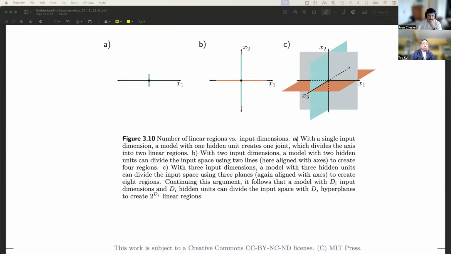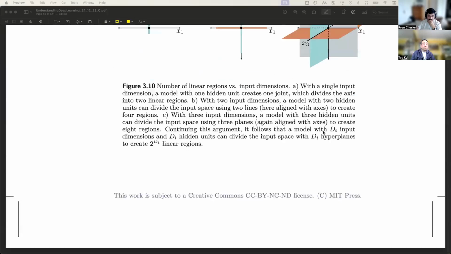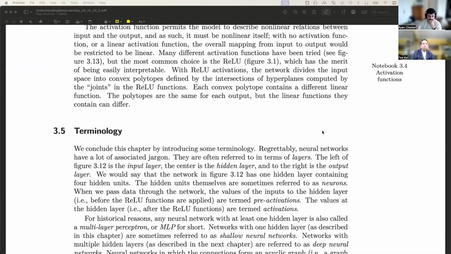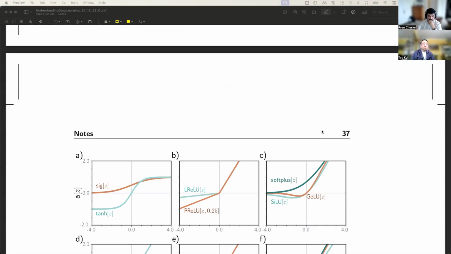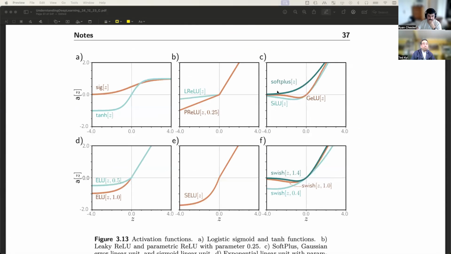And here's the splitting across the planes. And I think that's it in terms of the contents of the chapter. Here's all the activation functions. So not all of them, but these are many different options, a lot of the common ones.